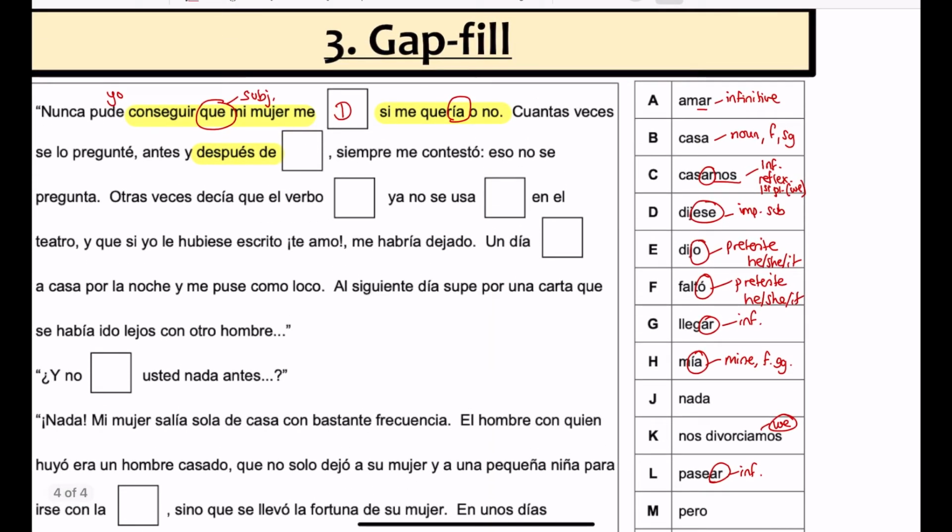Before and after walking doesn't make sense really. Before, after arriving, doesn't really make sense. Before or after getting married, she would always answer, or she always answered me. That makes sense. Or before or after loving me. Obviously, we're talking here about whether she said that she loved him or not, so that wouldn't make sense. So the most obvious choice here would be C. Before or after marrying me.